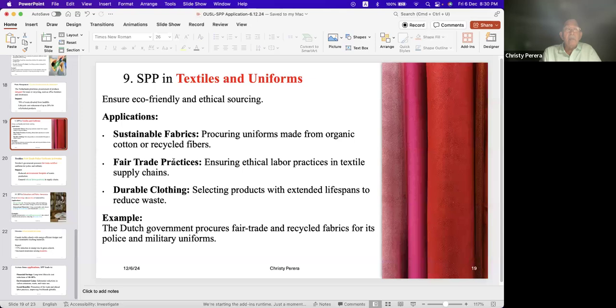It's very important. Some of the supermarkets were closed down by the UK government because they were not following ethical labor practices in the textile supply chain.